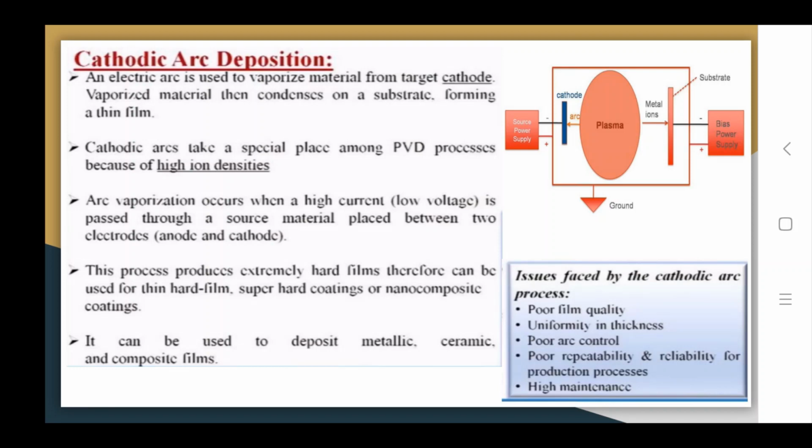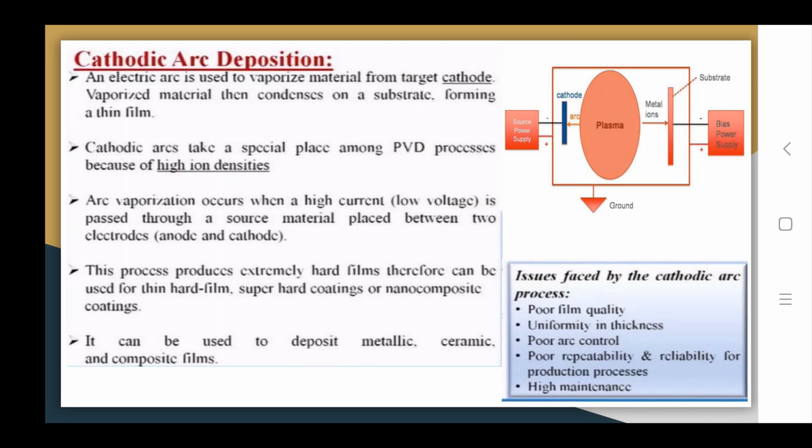Cathodic arc takes a special place among PVD processes because of its high ion densities. The technique may be comparable, say 90%, with the other techniques, but here the density of ions we are getting is more than in the other processes.